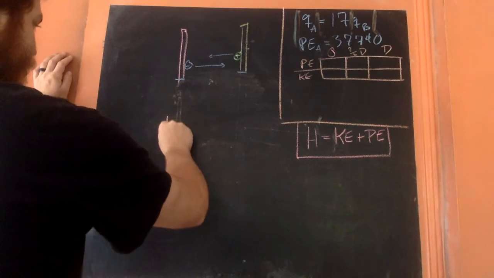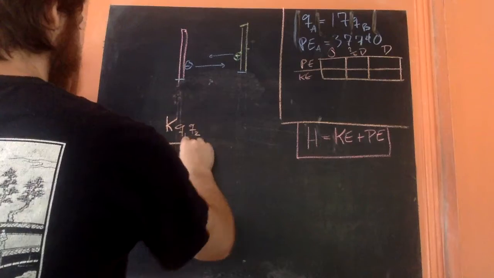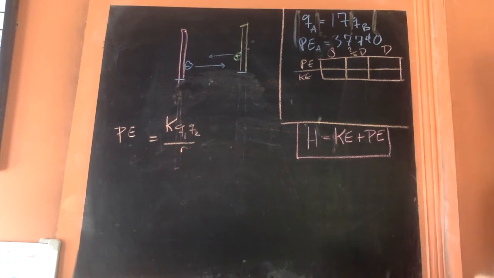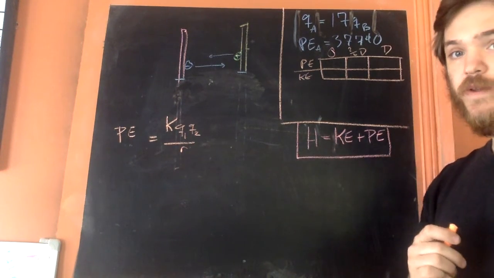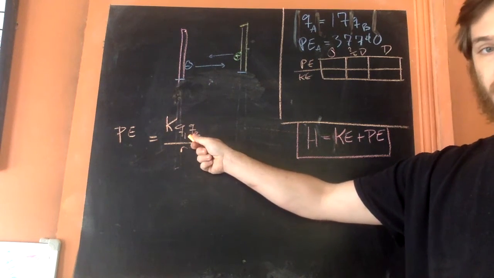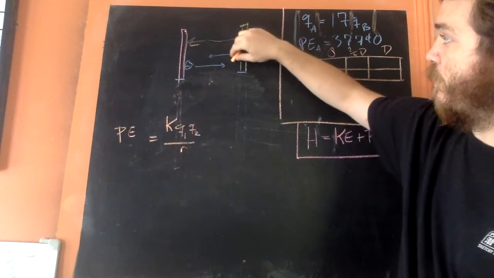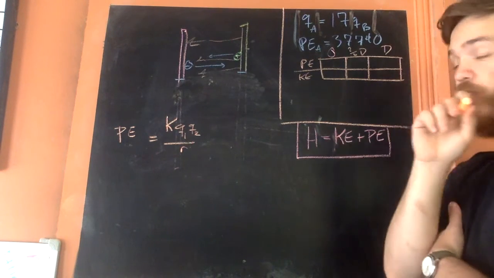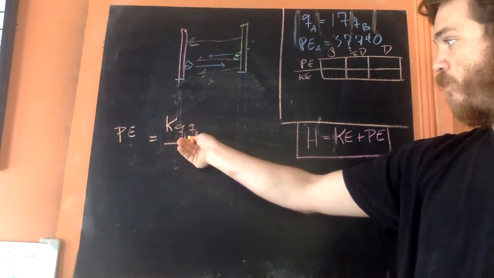So here's what we have. We have that K Q1 Q2 over R is equal to the potential energy. Now, in our case, the potential field is actually a constant because they're in a uniform field. It goes kind of like this. Right? So, since we know they're in a uniform field and the field is constant, we only need Q2.